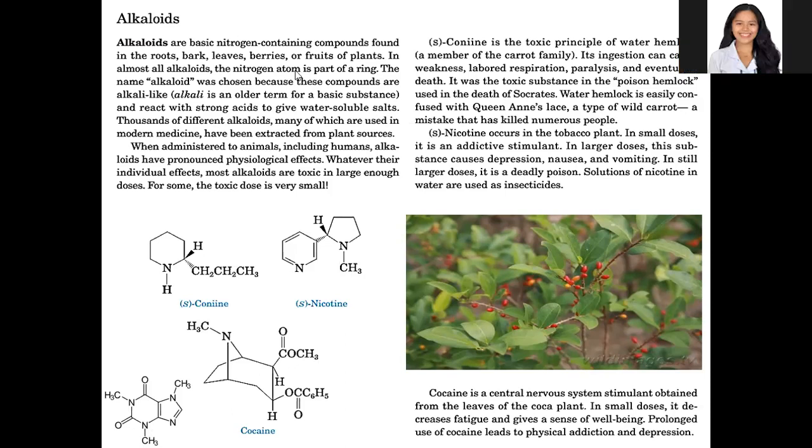So alkaloids, of course, are basic nitrogen-containing compounds. So basic nitrogen, take a look, it has nitrogen. It is in the form of heterocyclic aromatic amines. So in almost all alkaloids, the nitrogen atom is part of the ring.